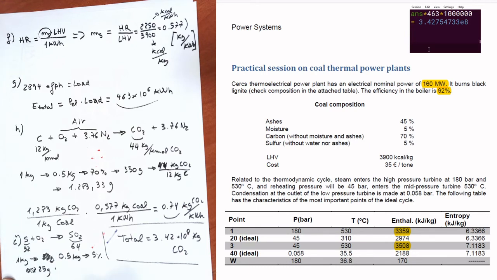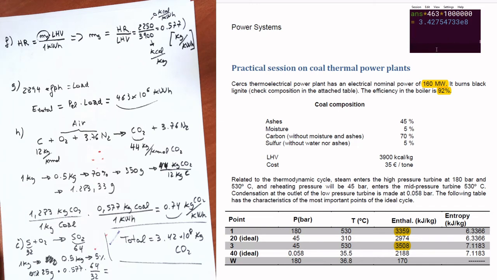And now we need to do the same. We multiply by 0.577 to obtain the specific emissions, and also by this ratio, 64 divided by 32. Okay, and this brings us the result.